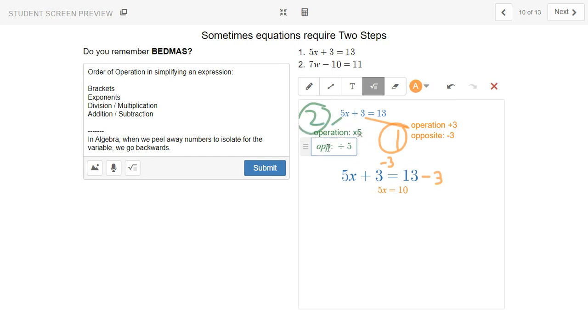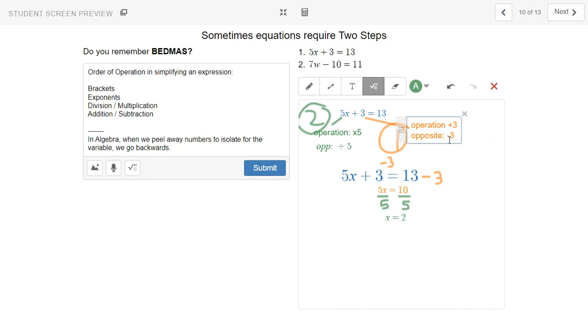Next, I need to divide both sides by 5. So we're going to divide by 5, and the right side we're also dividing by 5. Finally, we have x is equal to 2.